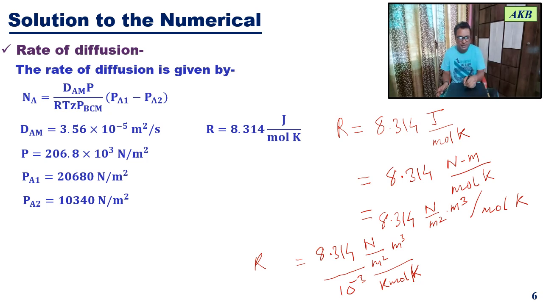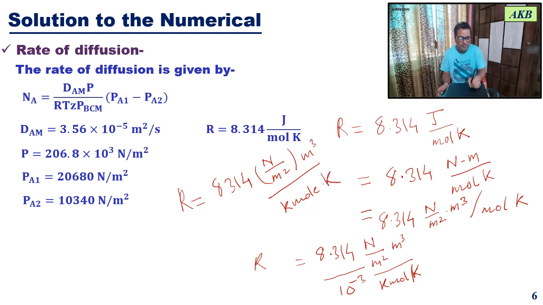So the point is, if I use this value of R, 8.314 into 10 to the power 3, which is 8314, what will be its unit? It will be Newton per meter square into meter cube per kilomole per Kelvin. Okay. So if I use value of R as 8314, I will have to keep pressure in Newton per meter square. So that's why everywhere I have used pressure in Newton per meter square.